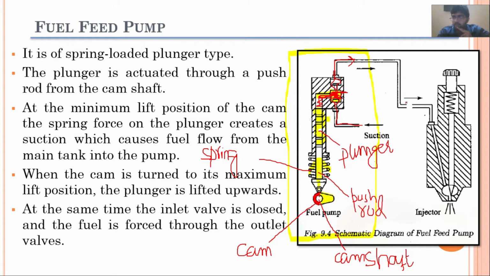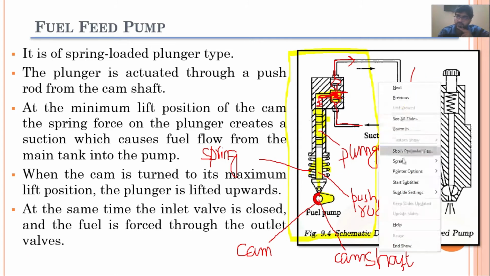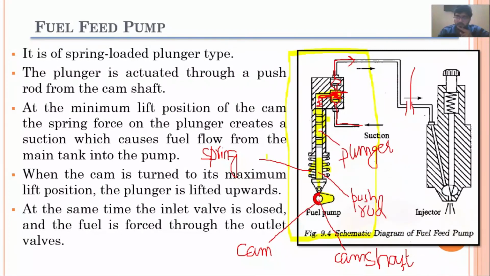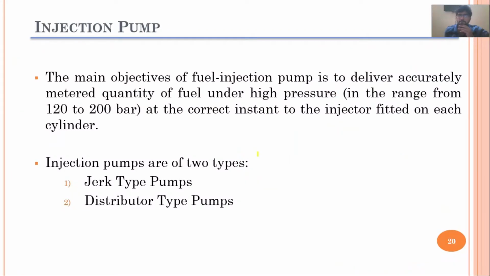That's why the discharge line is not going directly into the fuel injector. There will be some injection pump and some filters as well in this section. Now moving forward, the next important component which we will discuss is the injection pump.